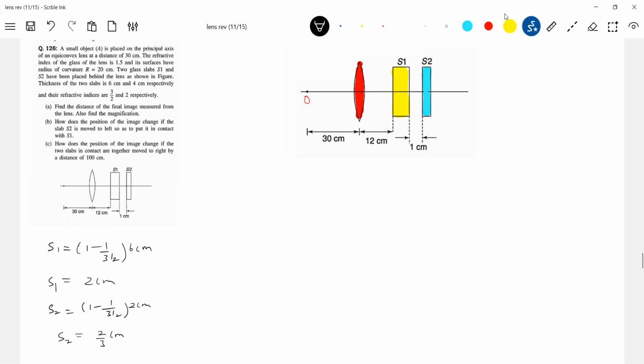Then the lens will form the image by v. V1 equals 1 by u, v is how much? 30. Focal length of the lens. The refractive index of both the slabs is not the same. The second slab has refractive index 2.